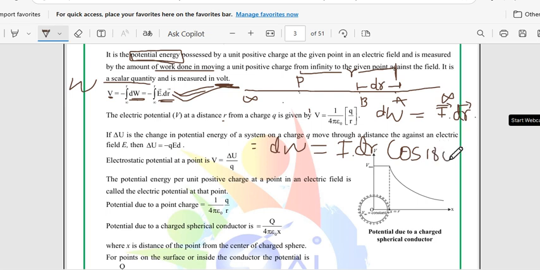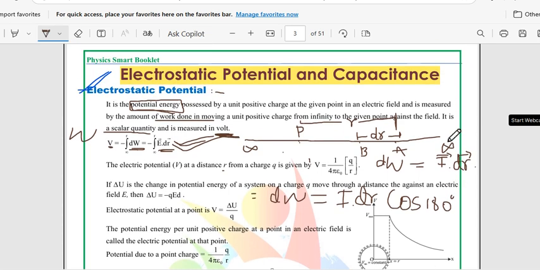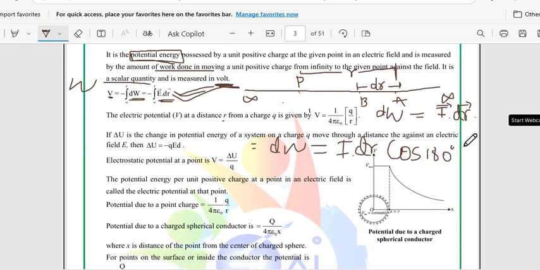Am I right or not? But what is cos 180 degrees? That is minus 1. So the equation becomes minus F into dr.